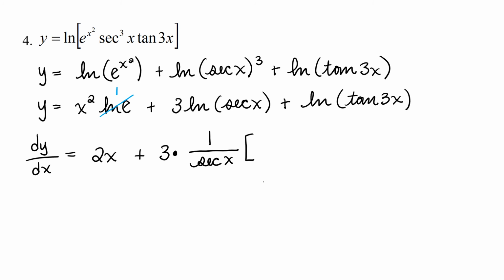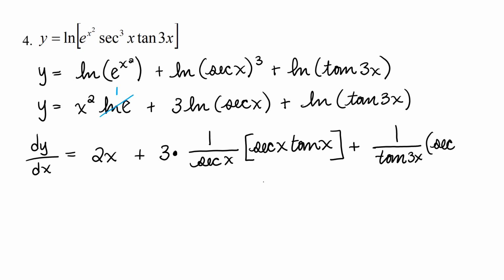The derivative of secant x is secant x tangent x. Plus, now we have another chain rule with a log function, so that'll be 1 over tangent 3x times the derivative of tangent 3x, which will be secant squared 3x, times the derivative of 3x, which is 3, which I ran out of room for.